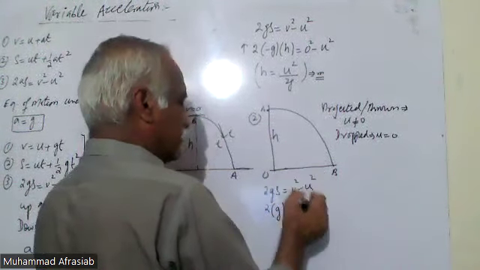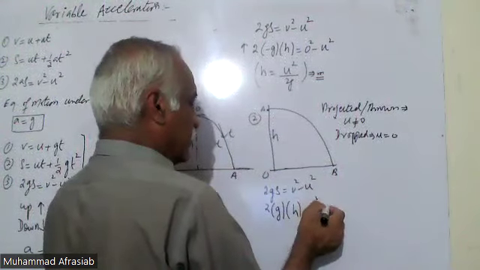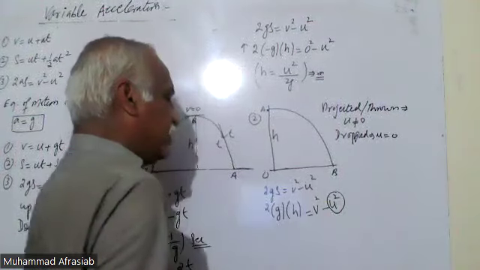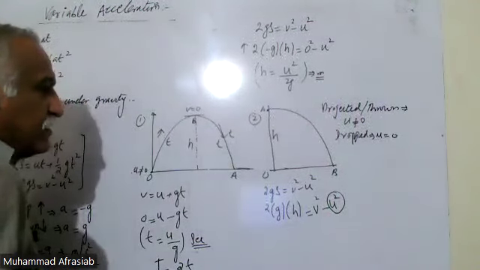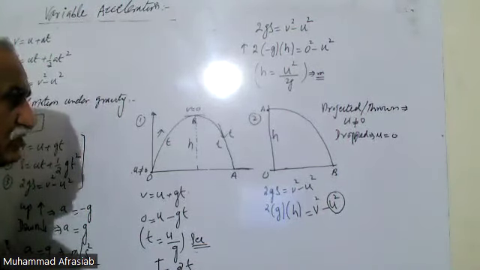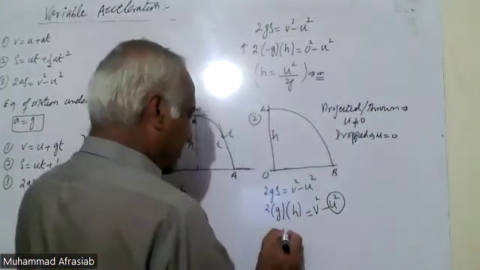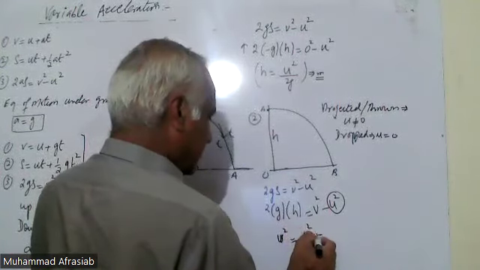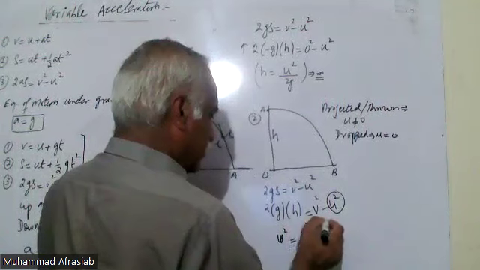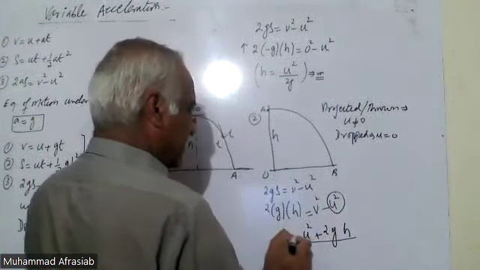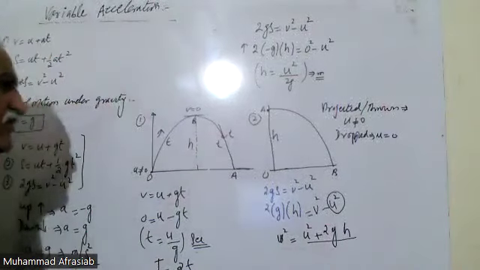If u is given because it is projected or thrown, then v² will become equal to u² + 2gh, and you can calculate the value of v.